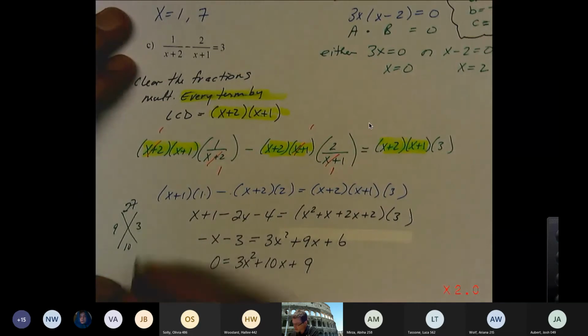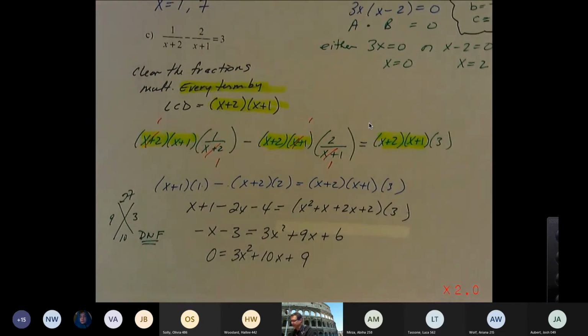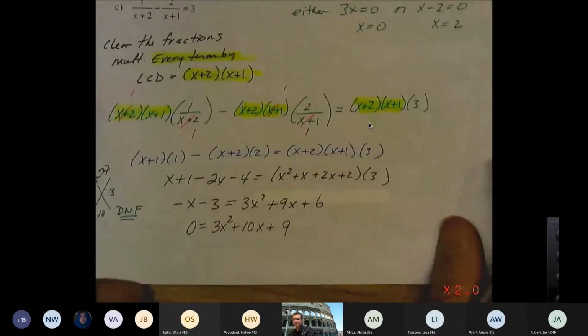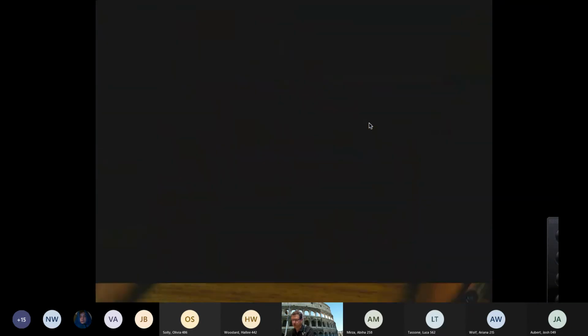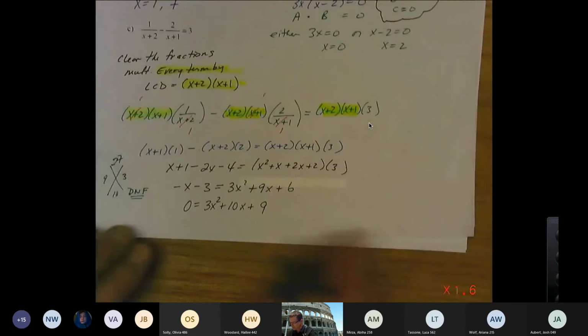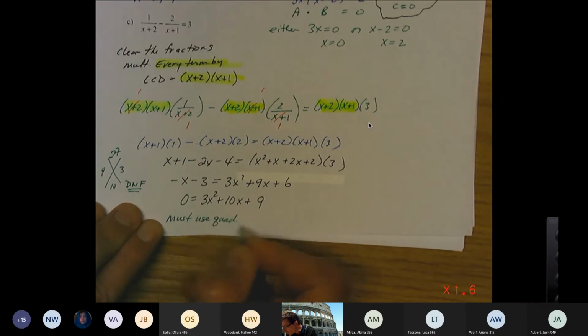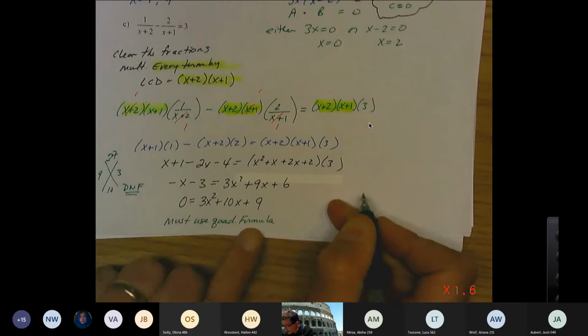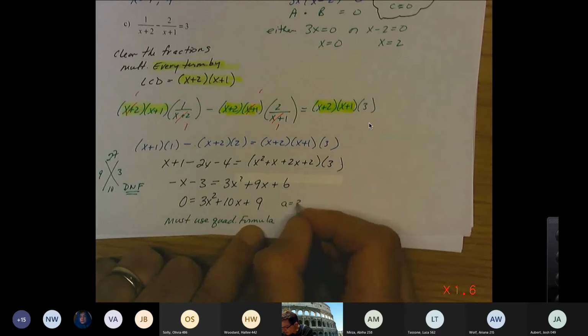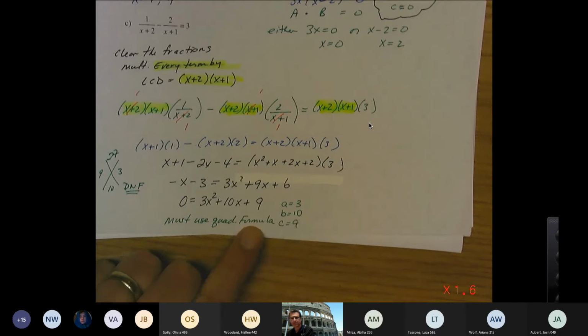So this does not factor. Well, if it doesn't factor, that means we must use the quadratic formula, where A is going to equal 3, B is going to equal 10, and C is going to equal 9.